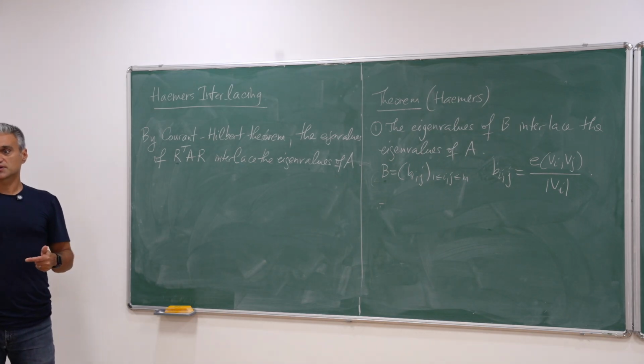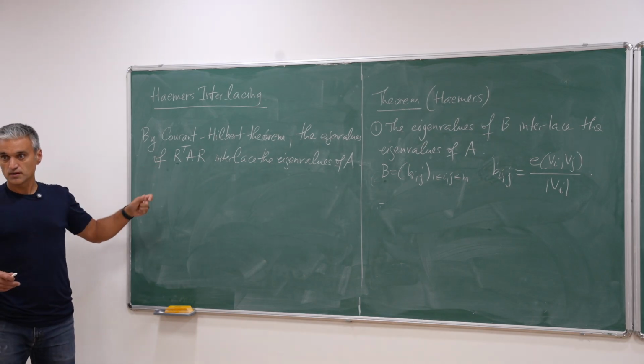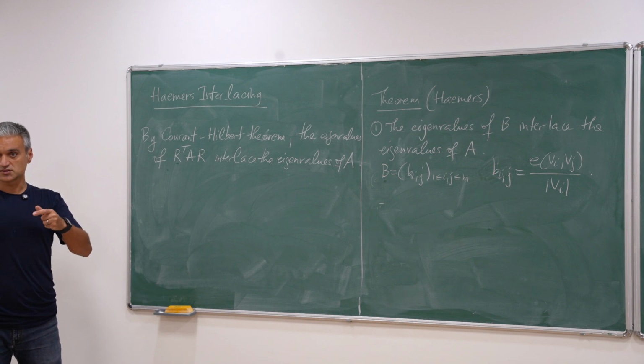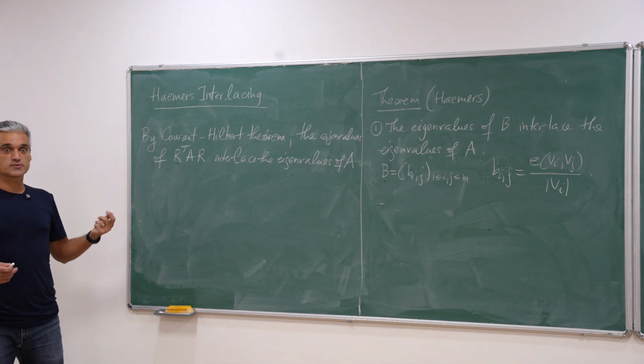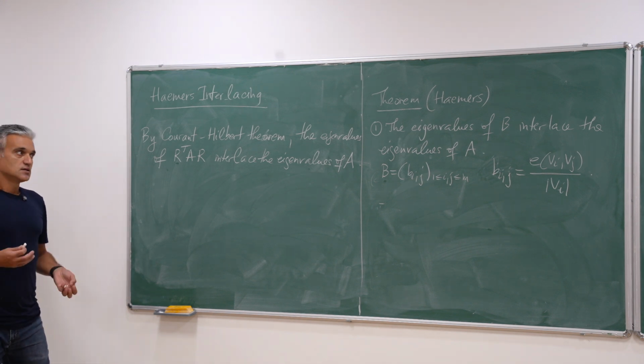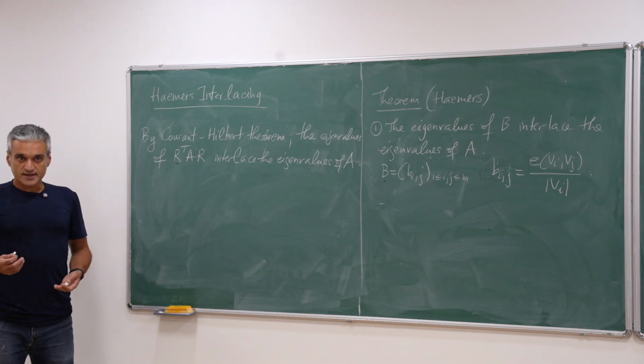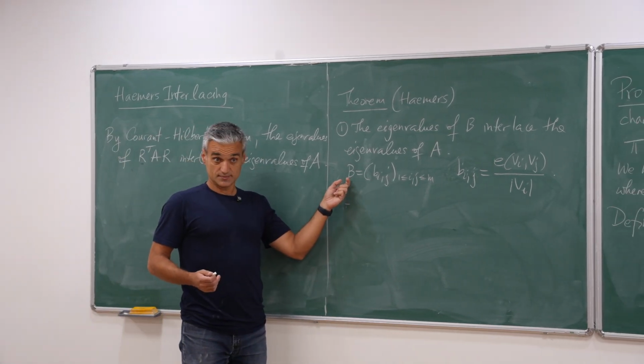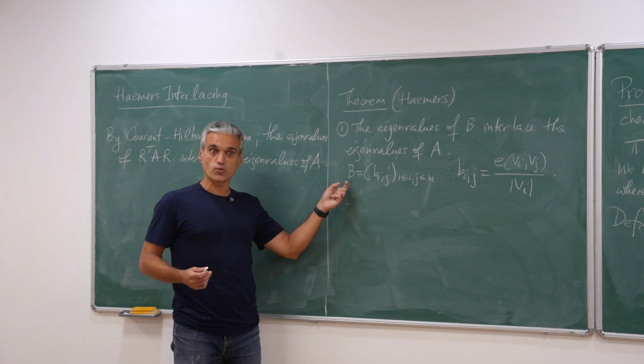But for Courant-Hilbert, I need a matrix whose columns are orthonormal, so you just do that. You apply it, and you get R transpose AR interlaces A. But now you have to figure out what R transpose AR is with respect to B. The thing we haven't done is to figure out what B is.